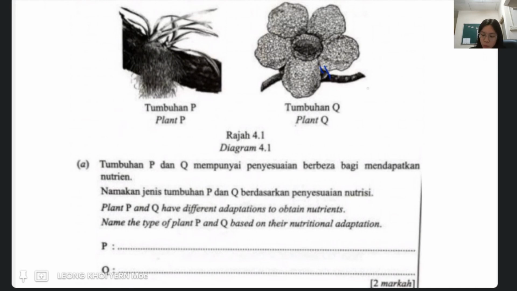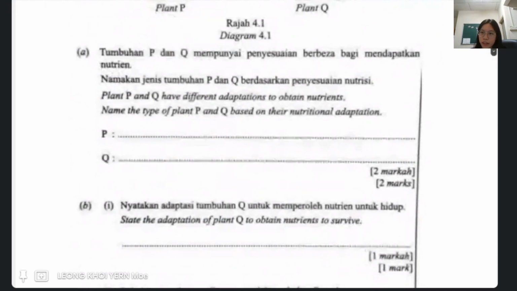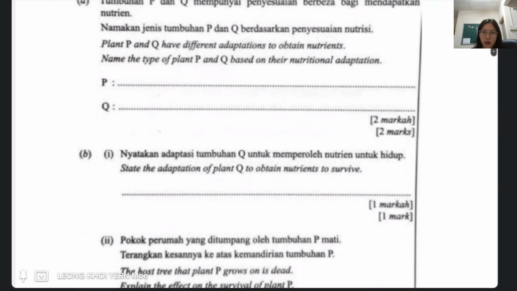Why does it penetrate the vascular tissue? Because vascular tissue is where they transport all the important nutrients, like sucrose, water, phytohormones. Sucrose, they are transported in the form of sucrose.